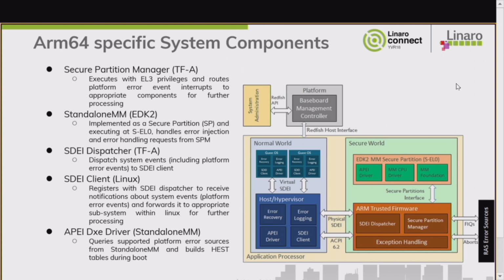We are currently using StandaloneMM as the secure partition for the RAS use case. So any communication that has to happen between the non-secure world and StandaloneMM goes through the Secure Partition Manager, which acts as a transit.